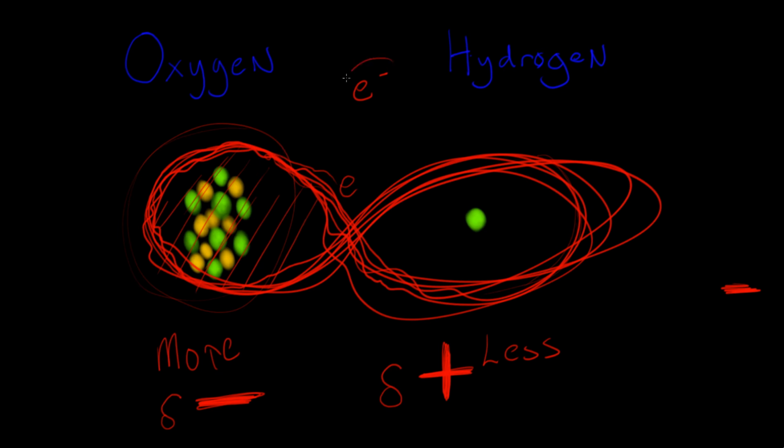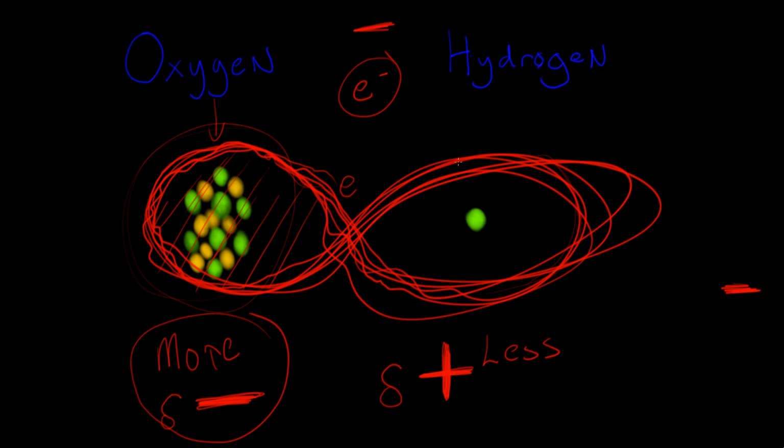Because electrons are negatively charged, this side with the oxygen has a partial negative charge. Conversely, that electron is not hanging around hydrogen very much. It's being shared with hydrogen, but it's not an equal sharing.